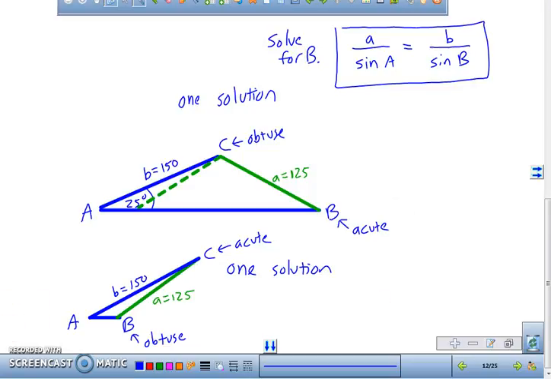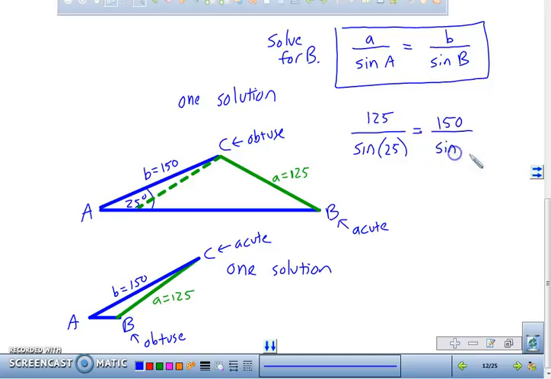All right, now let's plug things in. What is lowercase a equal to? So write 125 over the sine of capital A, which is 25, equals B, which is what?